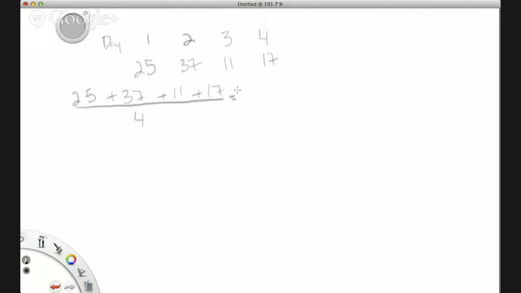So I've got my scientific calculator handy right here, so I'm going to enter these in. 25 plus 37 plus 11 plus 17. So the numerator, the sum of those numbers, is equal to 90. So 90 divided by 4 gets me an average of 22.5 lemonades sold per day.